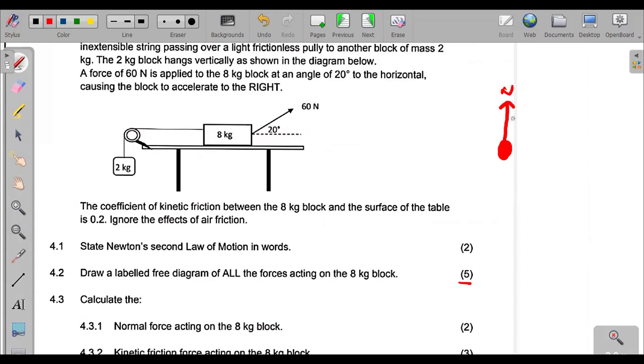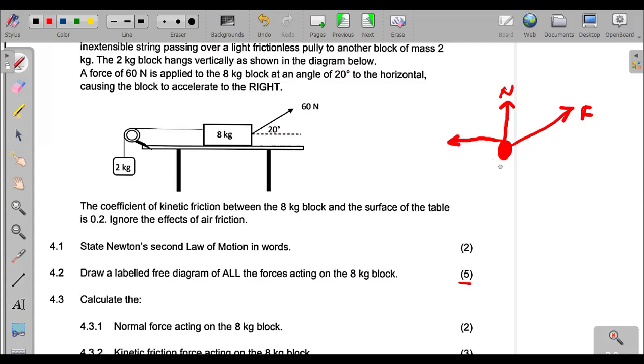I also have the applied force applied at an angle. There is my applied force, F. Then I have tension acting to the left. There is my tension.